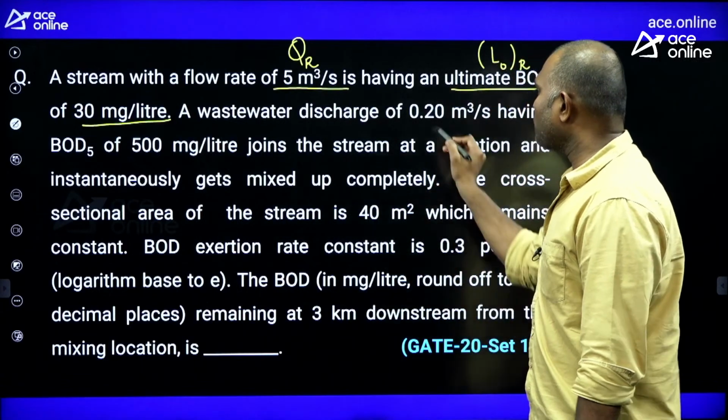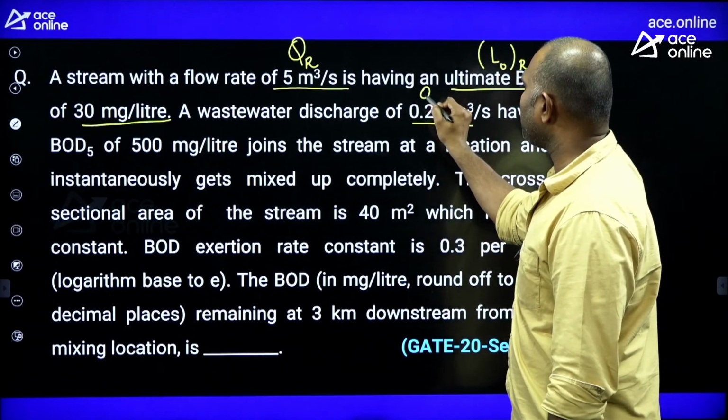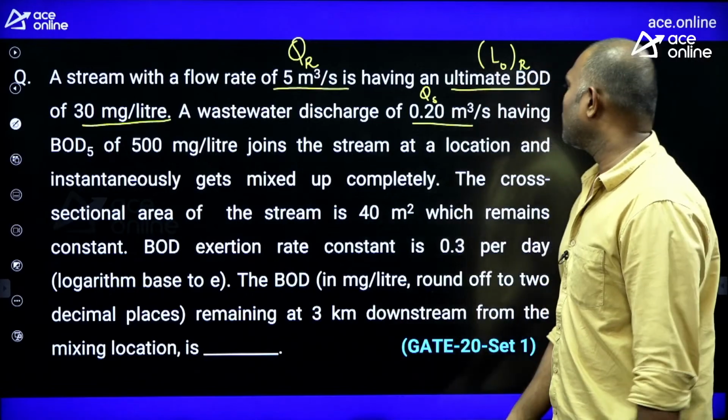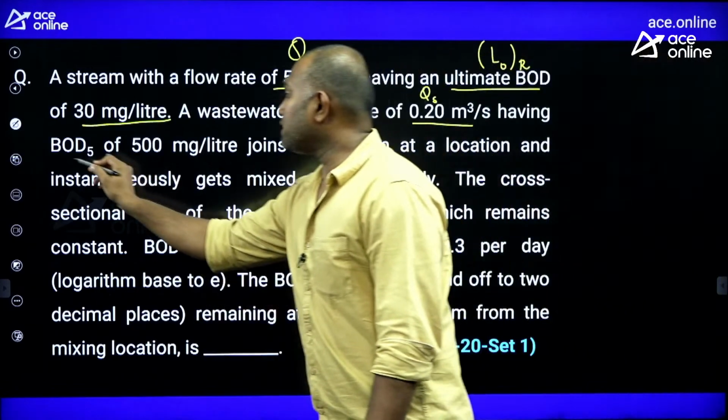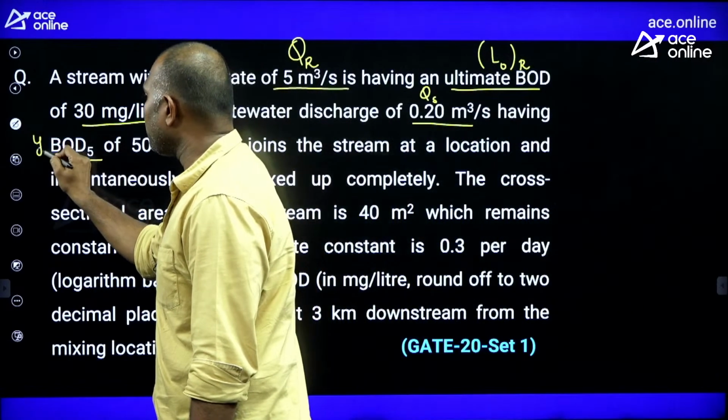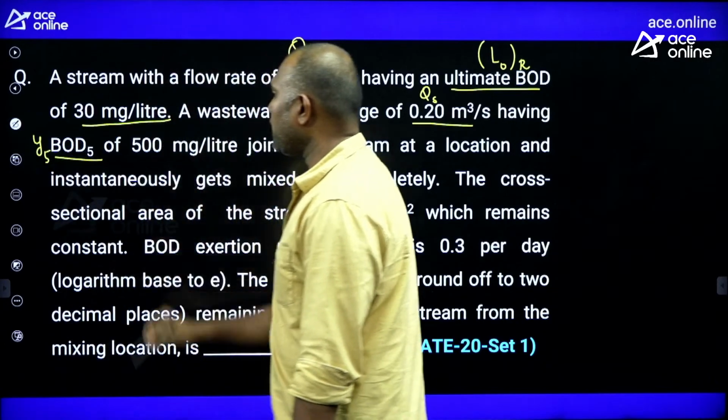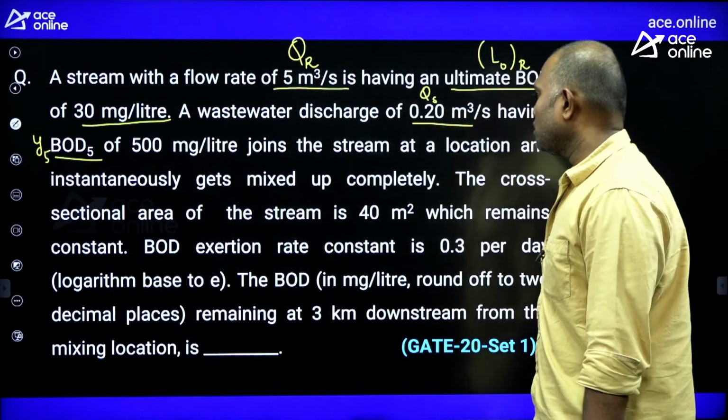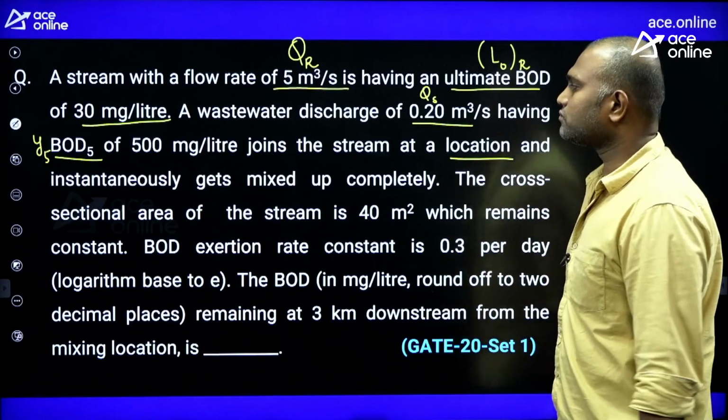Now a wastewater discharge, the sewage discharge QS, let's say, having BOD, this is not ultimate BOD, this is a 5-day BOD, 500 mg per liter, joins the stream at a location.